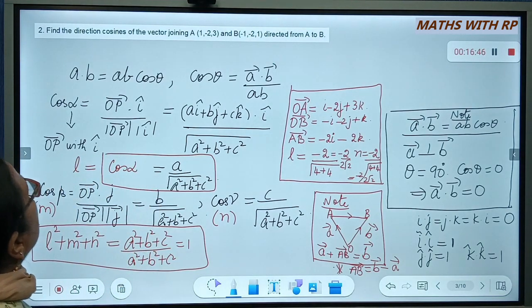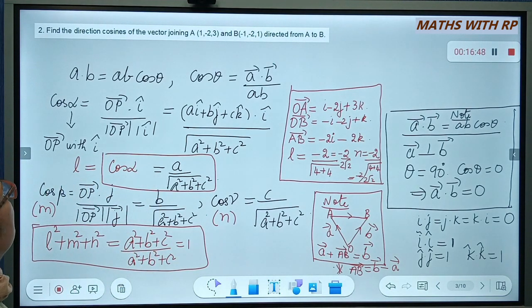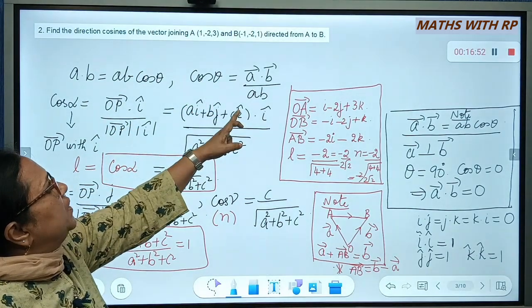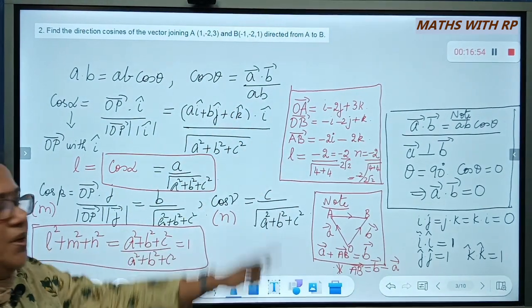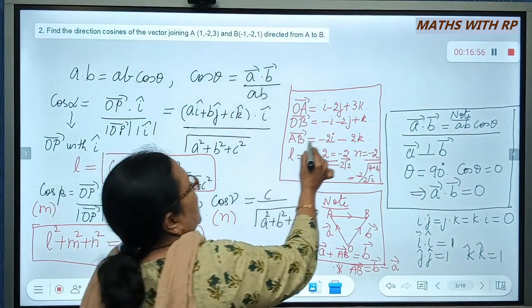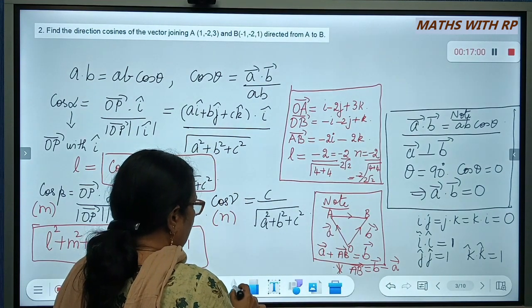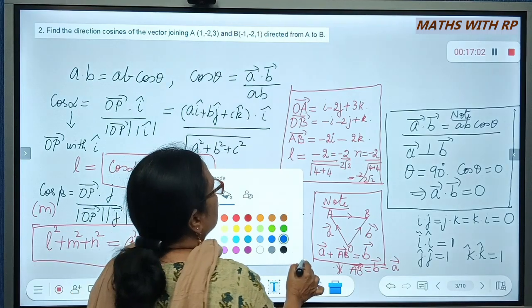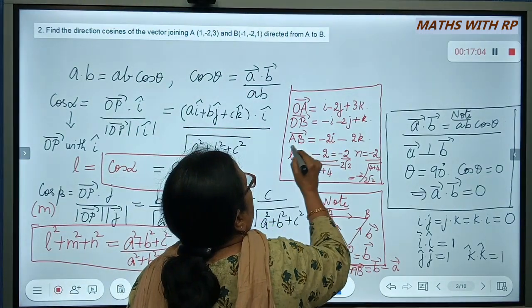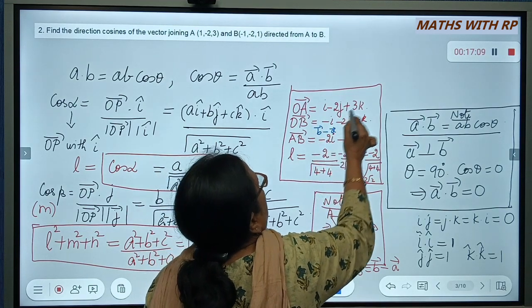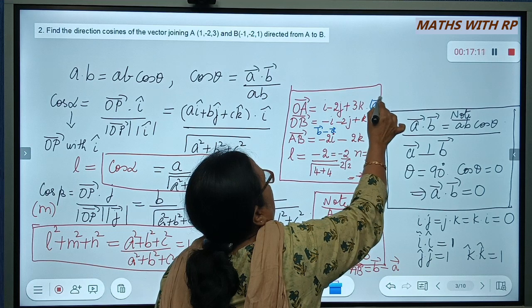But what else is given? Anything else? No. You are just asked to find the direction cosines of the vector joining A and B directed from A to B. So the AB vector is B vector minus A vector. OA vector is A vector.